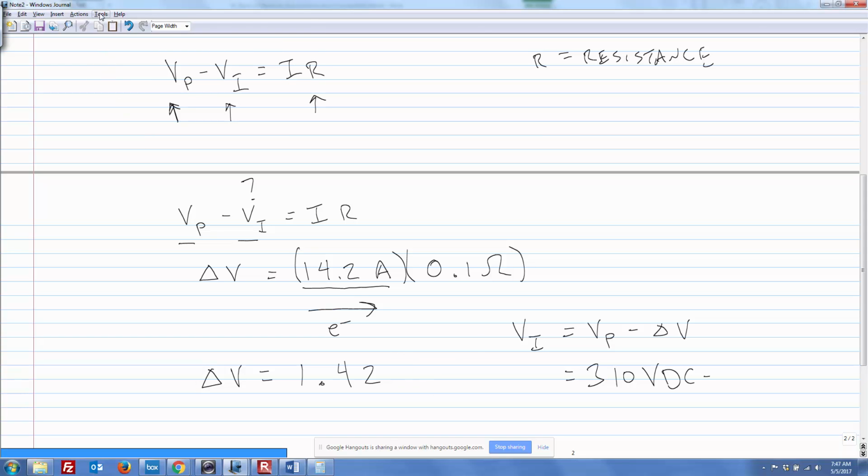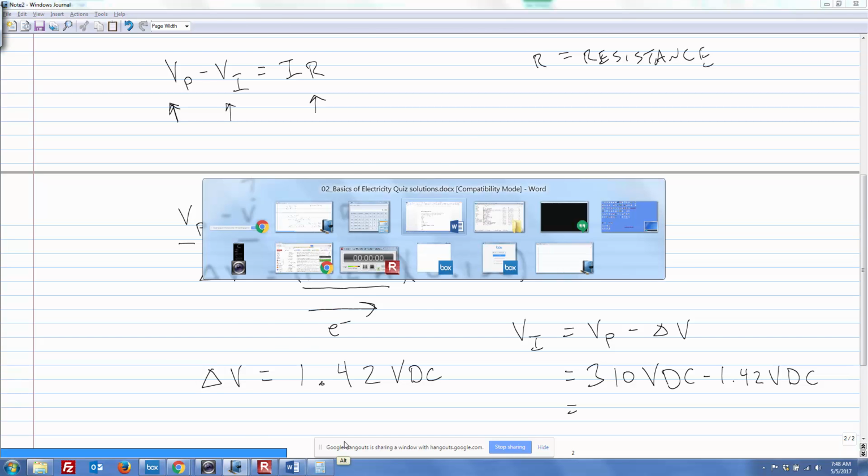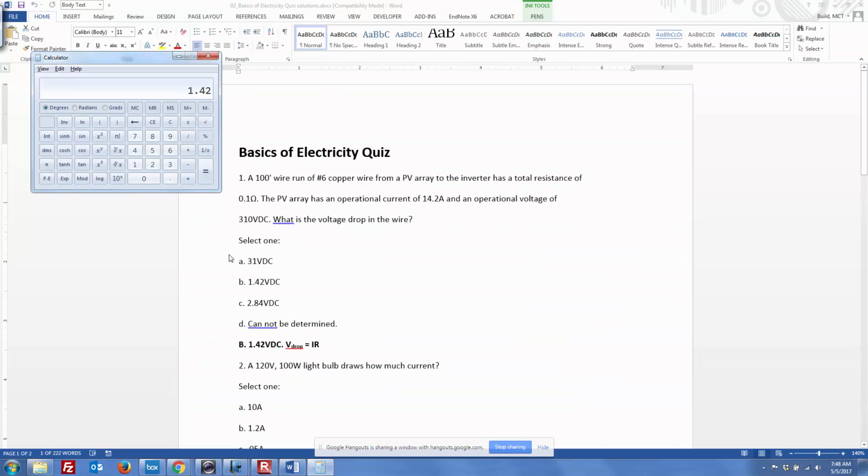I meant to write volts. Sorry. 1.42 volts DC. So 310 volts DC minus 1.42 volts DC equals, so 310 minus 1.42 equals 308.6.